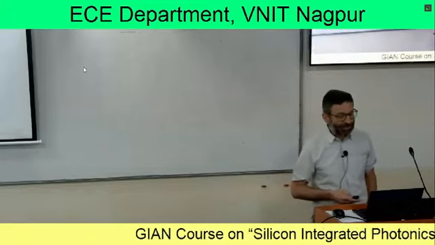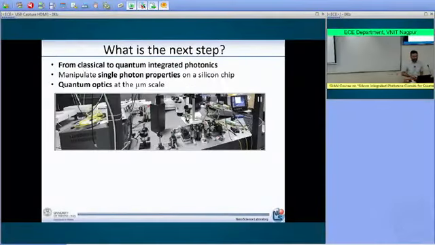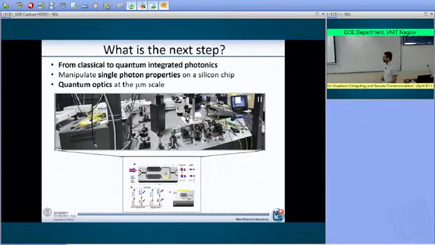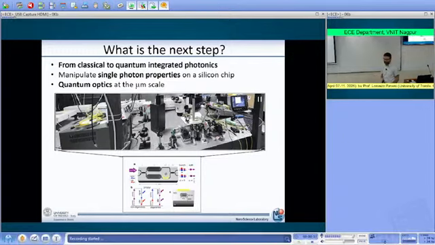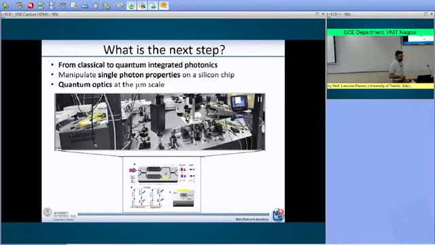So, as with standard silicon photonics, we are trying to integrate the quantum optics experimental setup like this one, this is one of our setups, into a very small integrated circuit.